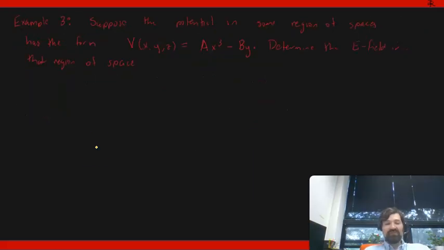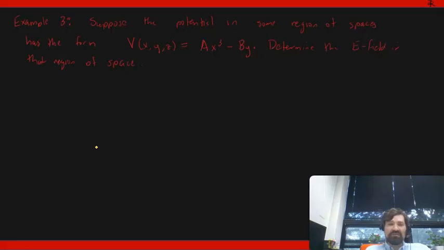All right, so if you're feeling cheated by those last two examples, I have actually a third example for you. This one, we're not going to give you a distribution of charge. Instead, we're just going to give you what the potential is in some region of space and ask what the E field is in that region of space.